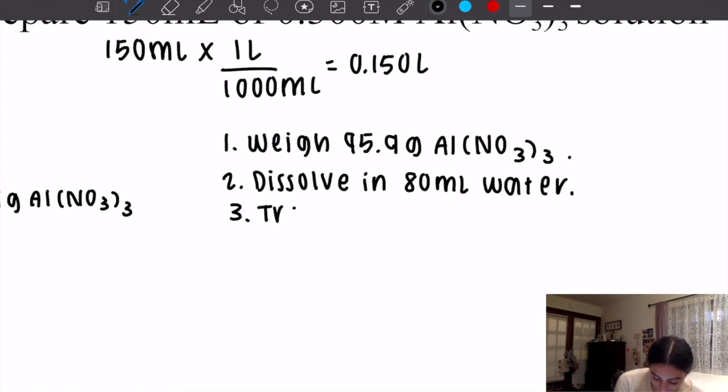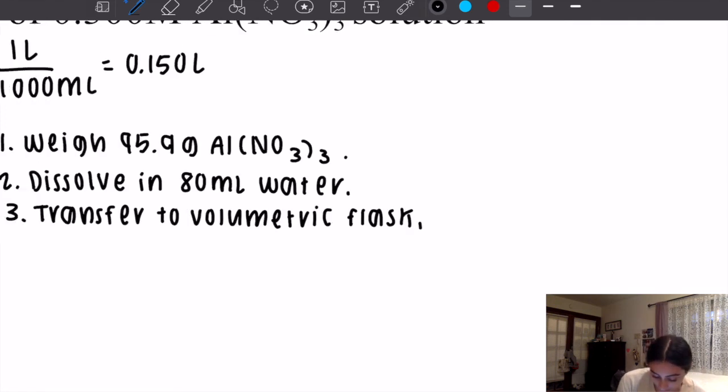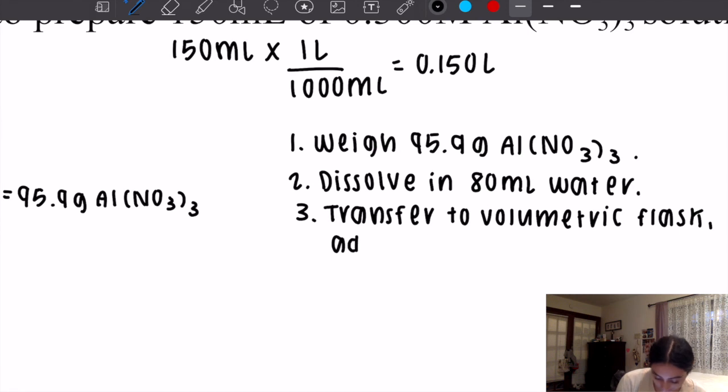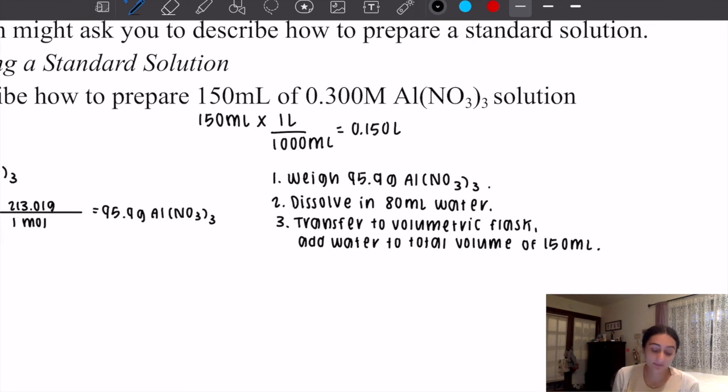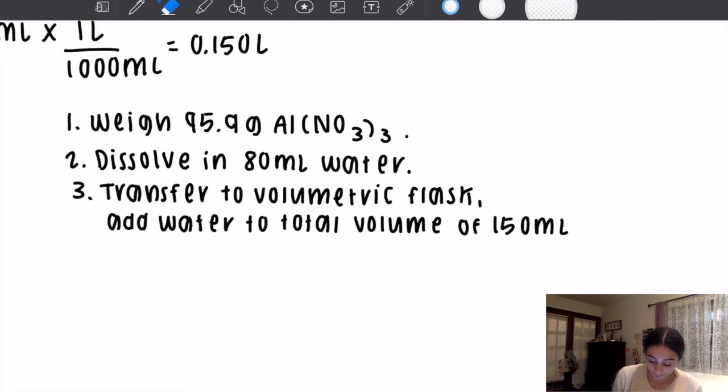And then I'm going to transfer my solution to a volumetric flask because it was previously in a beaker or something else. Transfer to volumetric flask and add water to total volume of 150 milliliters. I'm going to just write of solution so that it's clear.